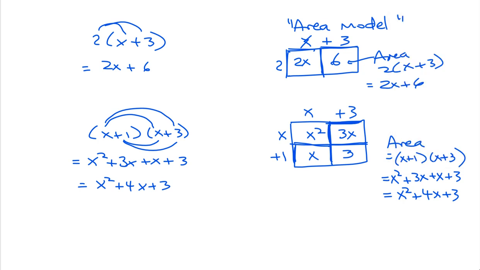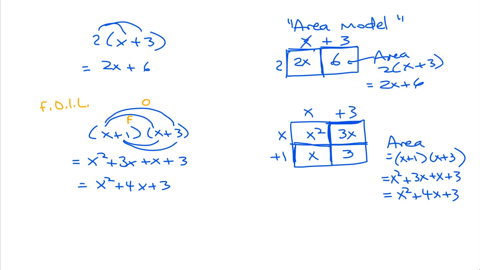There is a name for what I just did with these multiplications with the brackets, and it's called FOIL. FOIL is an acronym that reminds us what gets multiplied by what. What did I do first? I did the x by the x. We call that F because it's multiplying the first terms in each bracket. So that's the F in FOIL. Then I multiplied the x by the 3. We call that O because that's multiplying the outside terms in each bracket.